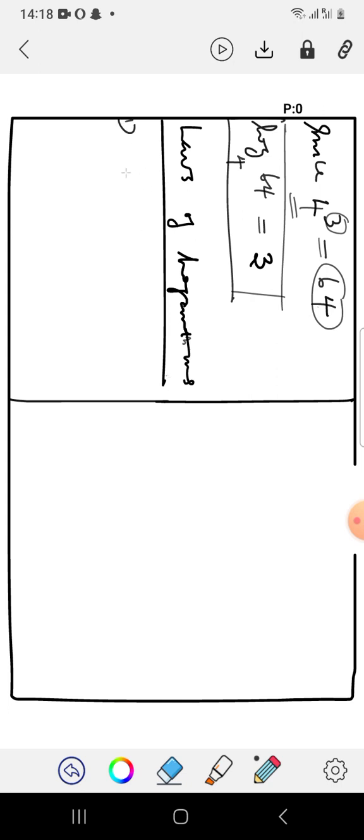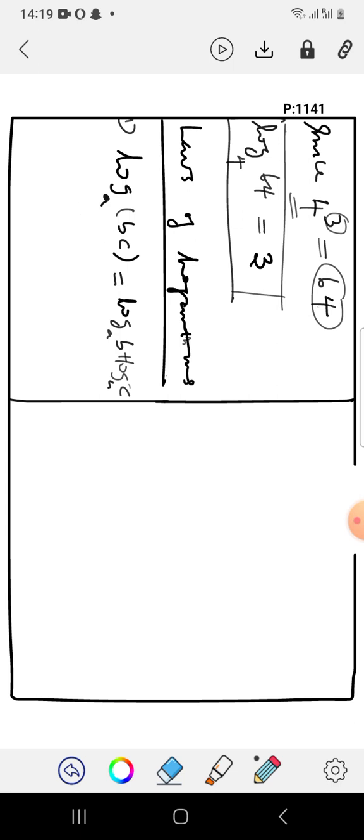The first law says if you have log to base a of b times c, then it's the same thing as log a b plus log a c.